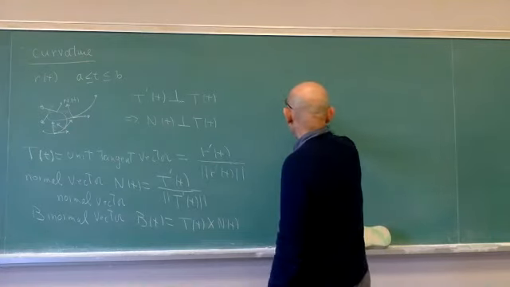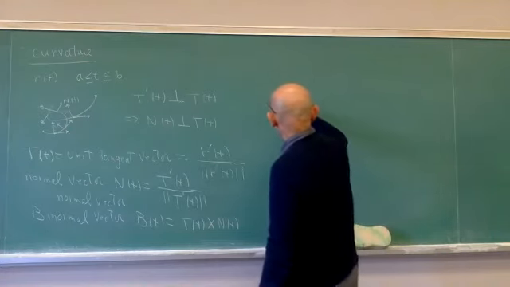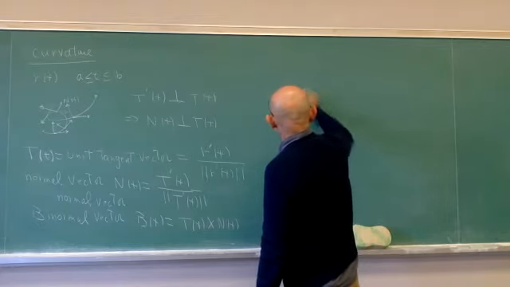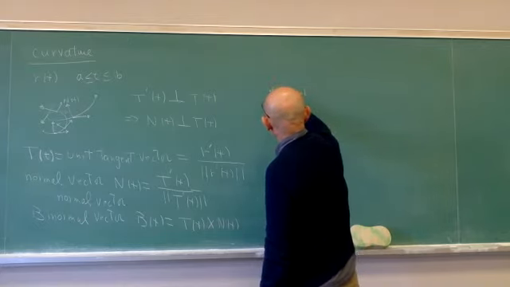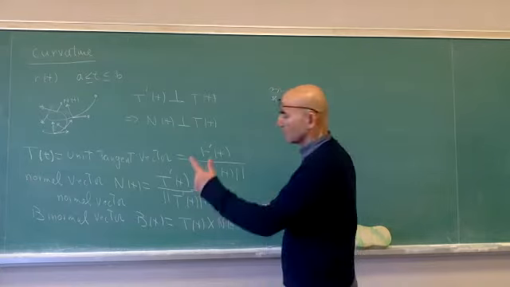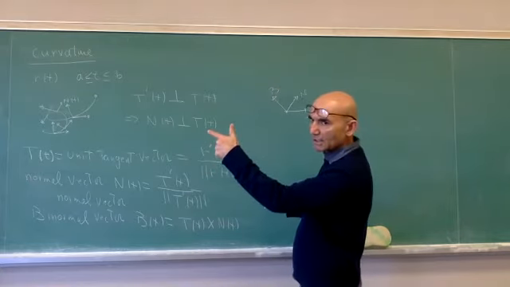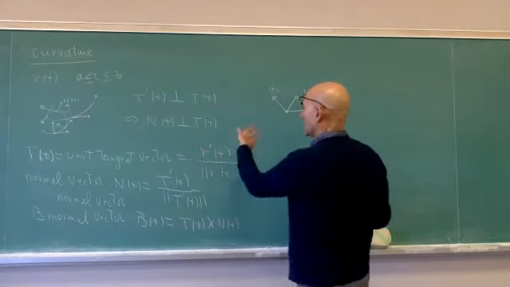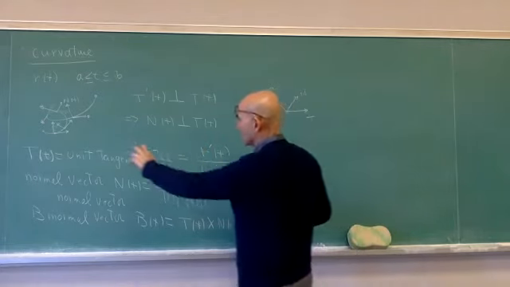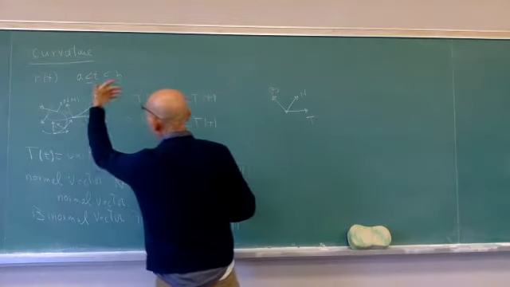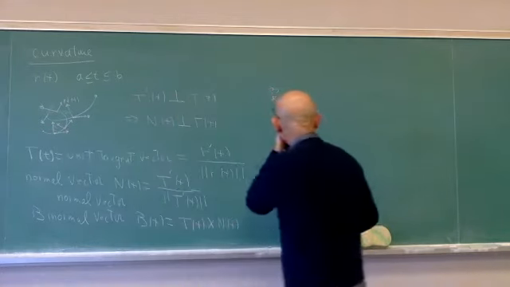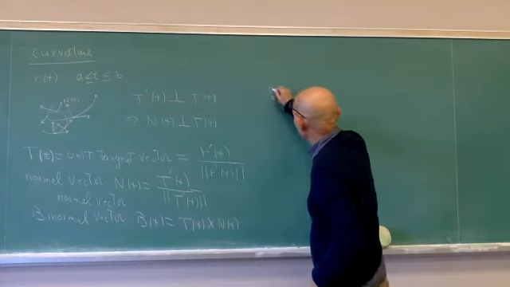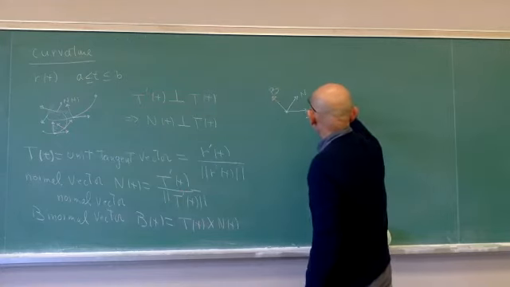So this was T, this was N, and this was B. It's a frame that's changing in time, and it moves along this curve and kind of dances around this curve as you move on. So this is an orthonormal frame.